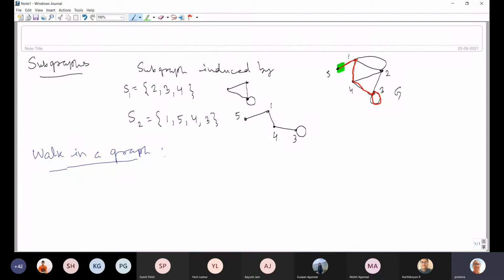Like this. A walk in a graph means you start at a vertex and visit many other vertices along the edges, in which the vertices and edges may repeat. They are not necessarily distinct.